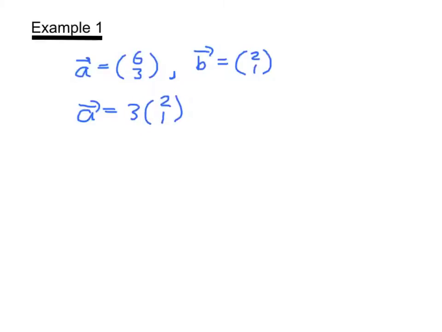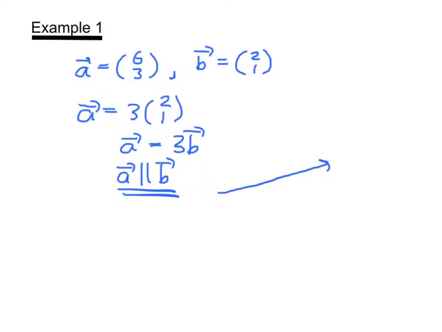Which means that vector A is equal to 3 times the vector B, 3 being our non-zero scalar. This means that vector A is parallel to vector B. And if we were to draw them, and this is just a simple sketch, not to scale, it would look something like this.